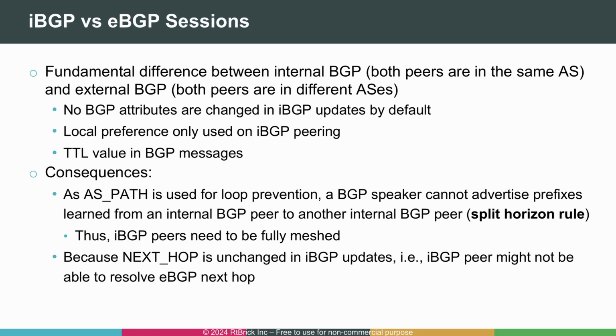However, the approach of building a full mesh of IBGP sessions doesn't scale well as the network grows. Another important attribute is the next hop, which also remains unchanged in IBGP updates. Because EBGP peers are usually directly connected and IBGP peers are not, this can lead to a situation where an IBGP peer cannot resolve the next hop of a route learned from another AS. On the flip side, some BGP attributes are exclusive to IBGP, such as local preference.